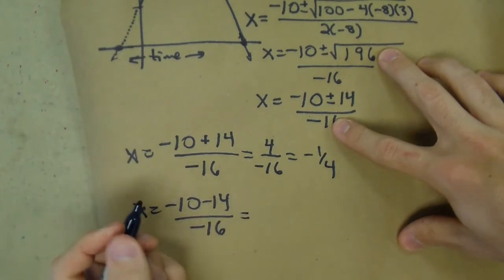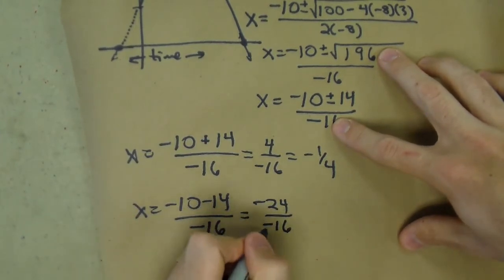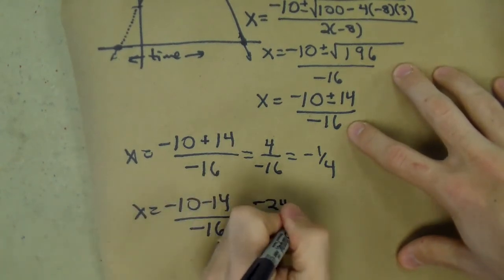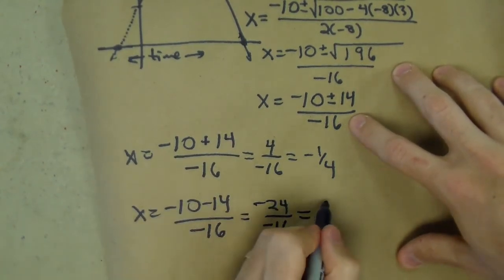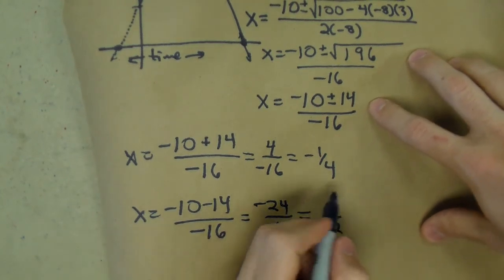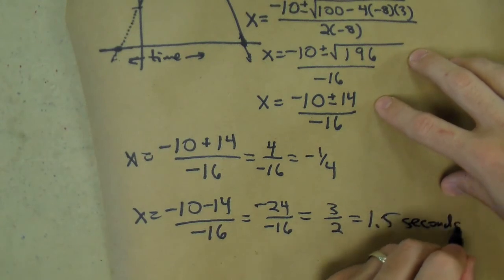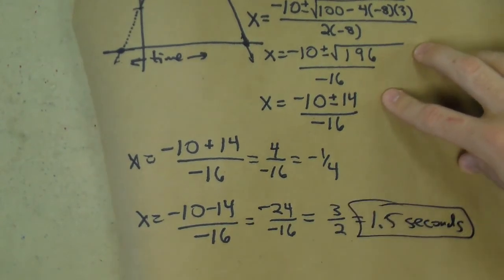But we look here, and we get negative 24 over negative 16. A negative divided by a negative is a positive. We reduce by 8 out of each of them, and we get 3 over 2, which is 1.5. So 1.5 seconds is when it hits the ground. So make sure you take the positive one. Yes, negative 1/4 is a solution, but it's the positive one that fits the context of the problem.